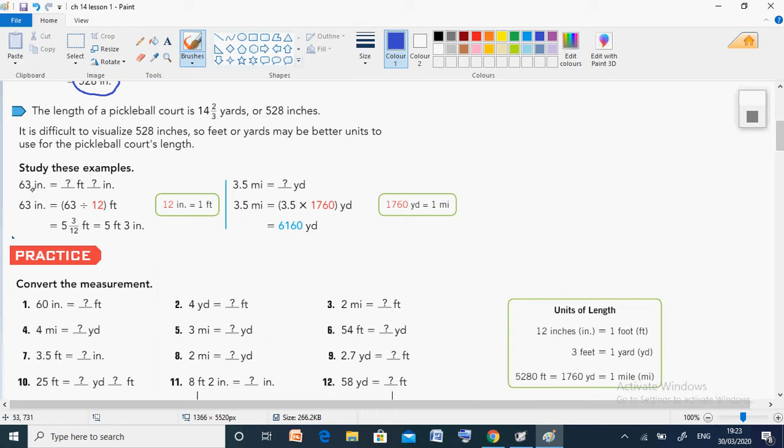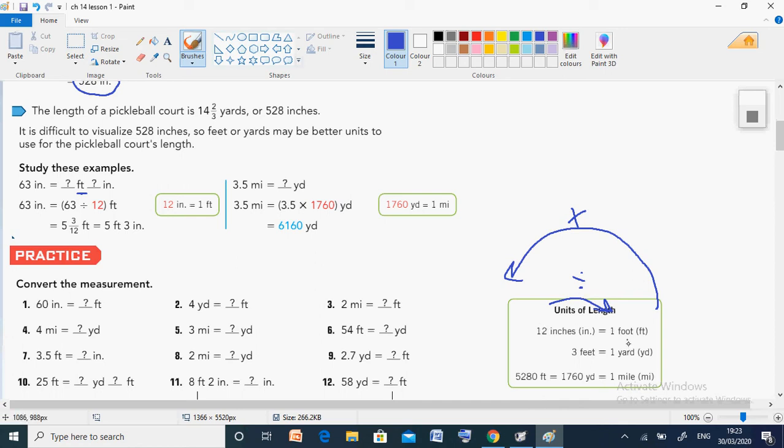Study these examples. 63 inches, I want to convert them to feet. Look here again. Inches to feet, we have to what? To divide. But when we are moving from larger to smaller, we have to multiply.